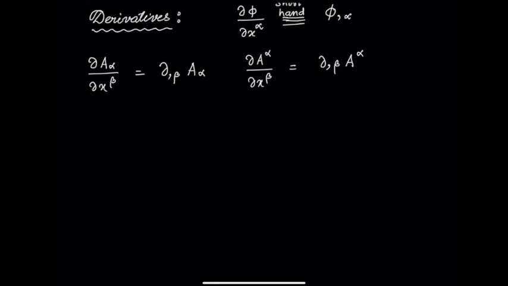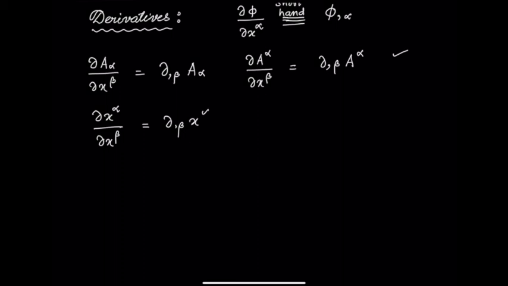What about del x alpha, which is a vector, del x beta? As you'll see, this is something we'll write as x alpha comma beta.